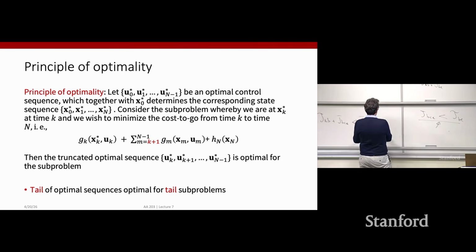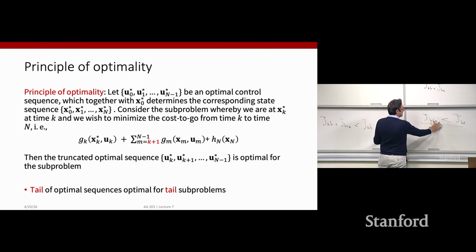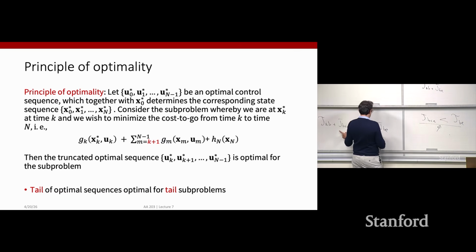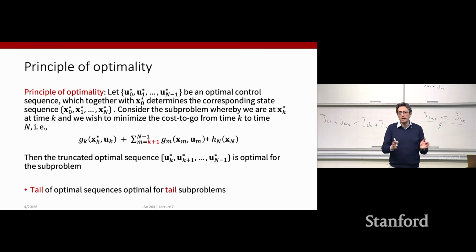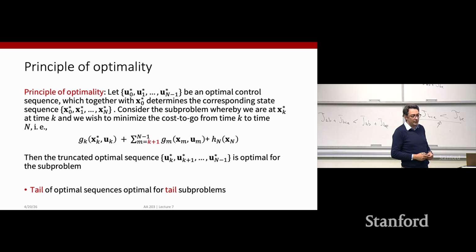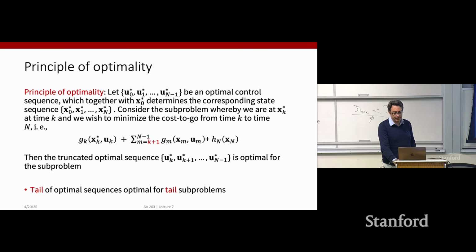The only reason why we could make this claim is because we could assume additivity in the cost. But it is a weaker condition, because the only thing that we're saying is that we need to have additivity, no matter which weird space your optimization could be over. So that's why this property is so general.